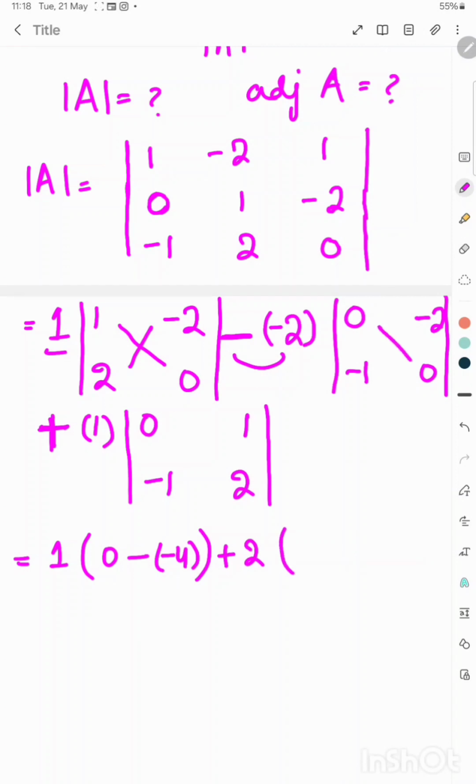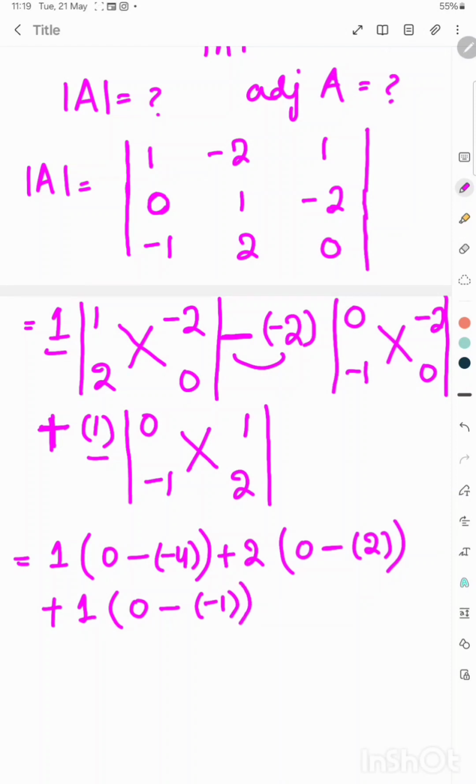And here again I will cross multiply. Here 0 multiplied by 0 is 0 and minus 1 multiplied by minus 2 is equal to plus 2. Here I get plus 1. Again I cross multiply and put the negative sign between them. So 0 multiplied by 2 is 0 and minus 1 multiplied by minus 1 is minus 1.